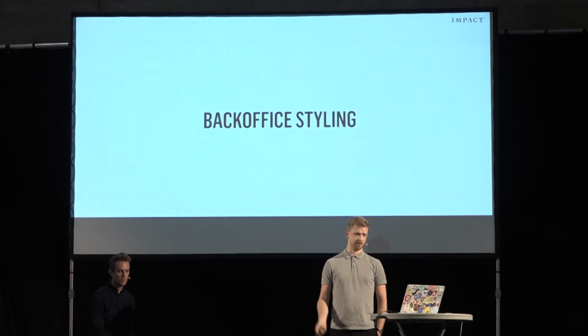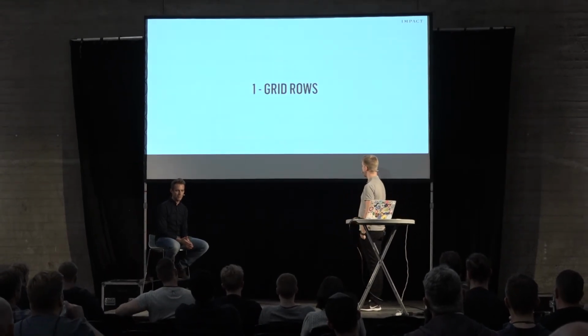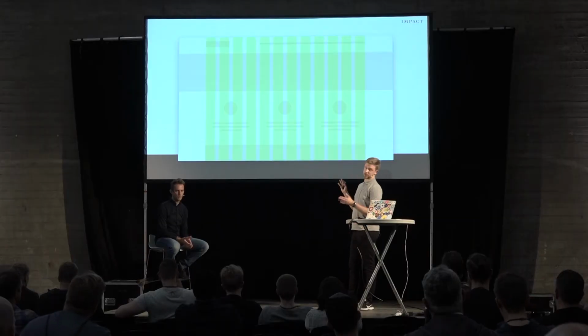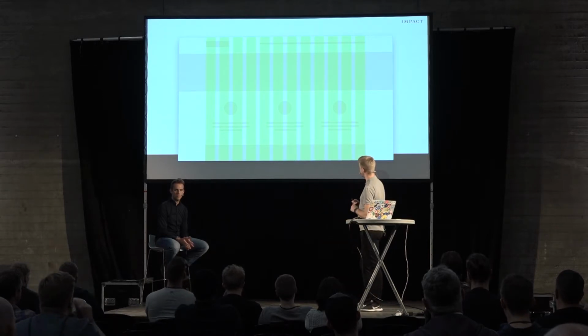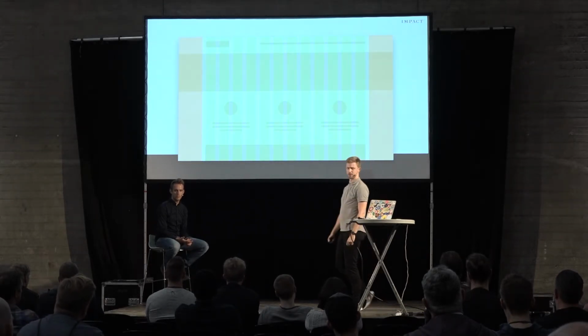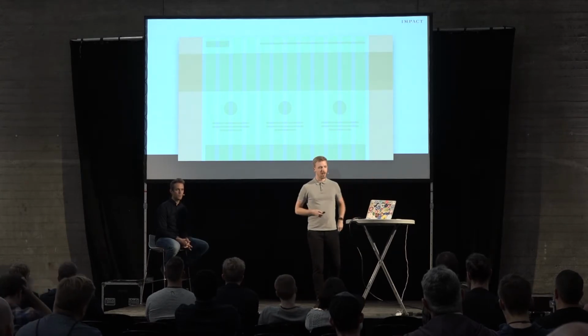Also, we've gone ahead and done some back-office styling, because we're front-end developers, so why not? Another solution that we worked on had this pretty common thing where we had to create the site with a 12-column grid, but it's centered, and some of the grid rows would break out of the grid and fill the whole width of the page. So basically we're looking at something like a 14-column grid, where the 2 columns on the sides are fluid.